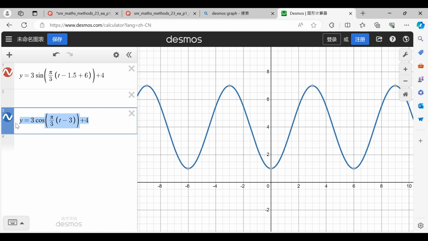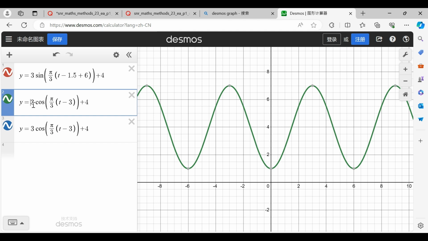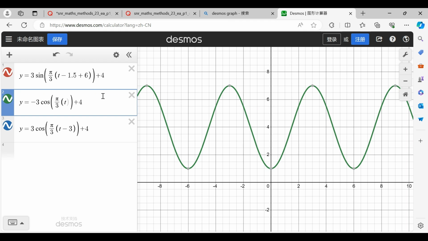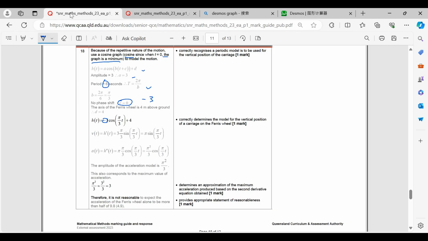Actually, the function given in the solution is the same as those two graphs. I'm not saying this function is wrong, but I'm saying that the communication and reasoning in the solution is wrong.